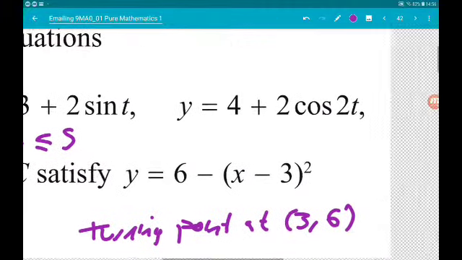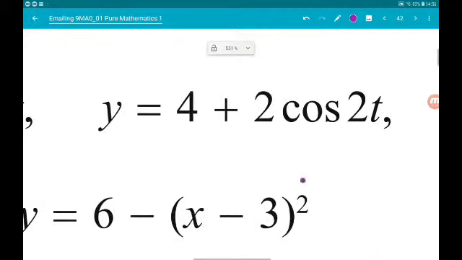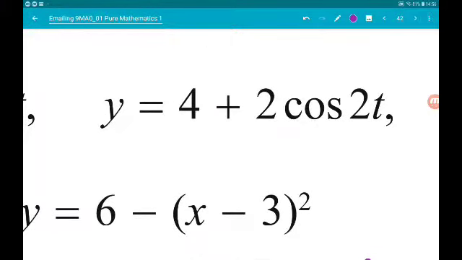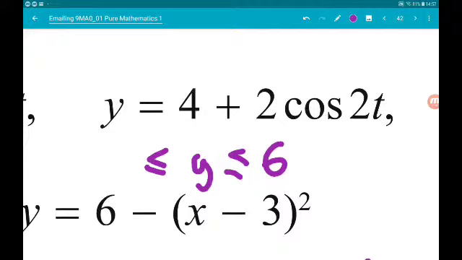So let's also do the same for y. So we know that cos of 2t has a maximum value of 1. So y has a maximum value of 6, which we already know from the turning point, and cos has a minimum value of minus 1, so y has a minimum value of 4 minus 2, which is 2.